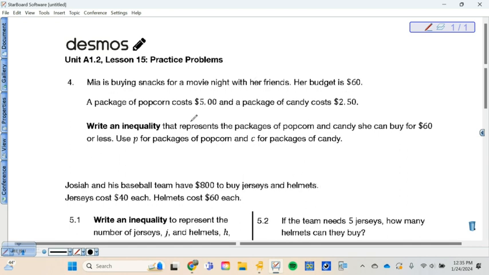It's that same setup where we have a number and a letter, plus a number and a letter, is less than or equal to the budget. That's what we're doing for number 4. That's what you're doing for 5.1, except in 5.1 you're dealing with jerseys and helmets. And in 5.2, I want you to figure out how many helmets you could buy if the team needs only 5 jerseys. How much is left over to buy helmets?